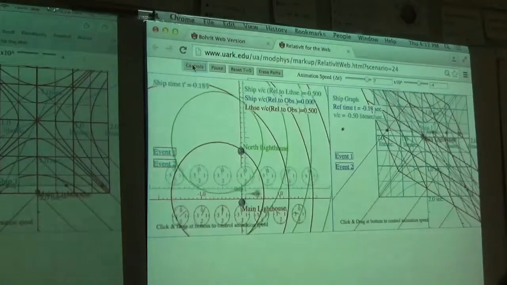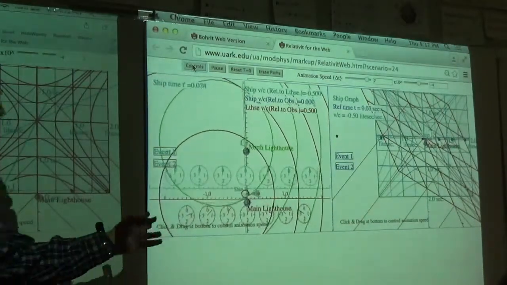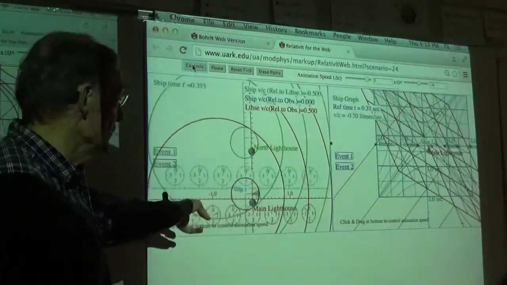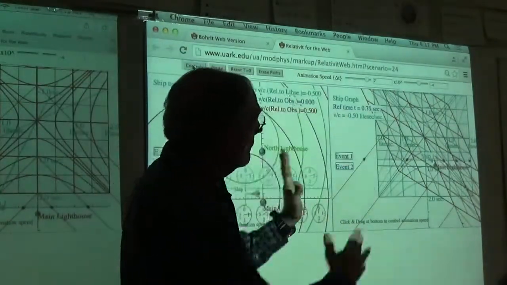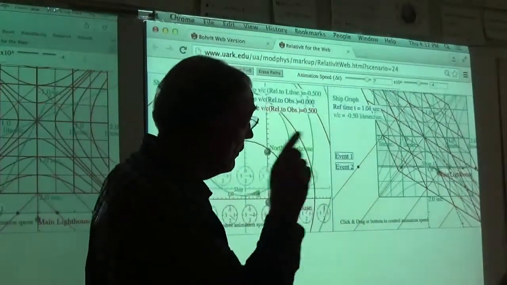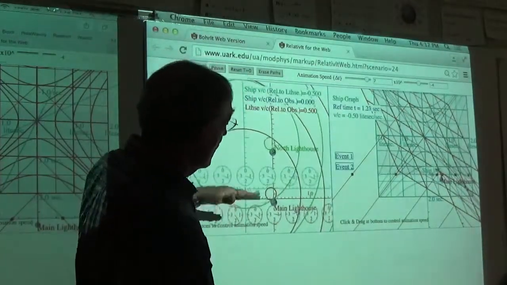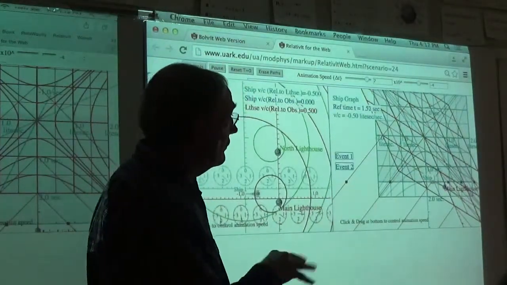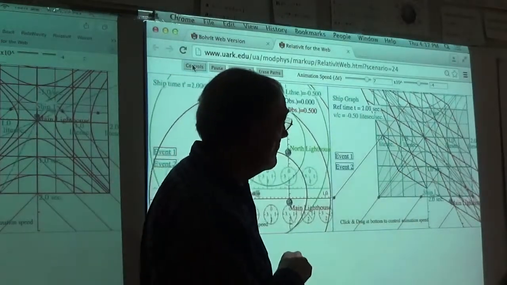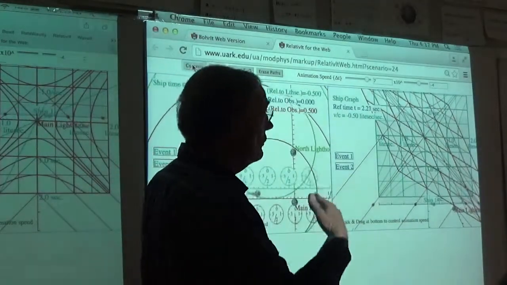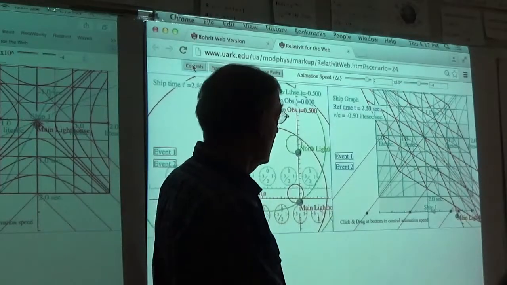There we go. So first of all, you can see the clocks are not synchronized on the lighthouse according to the ship, but that's because his coordinate system has been turned to first order. That first order turn due to the hyperbolic sine is off diagonal in the matrix of transformation. This is what causes magnetism to first order.